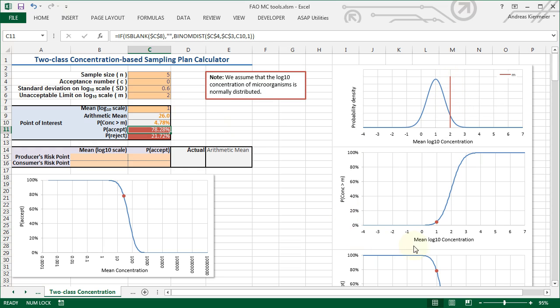The second graph shows the proportion, this proportion here, of analytical units that are expected to exceed the microbiological limit for any particular level of mean concentration. So if we change this to 2, we see the two curves changing.